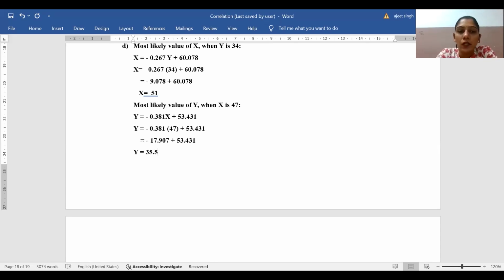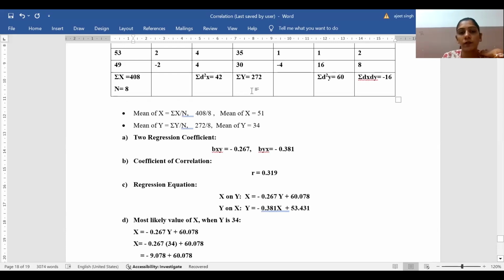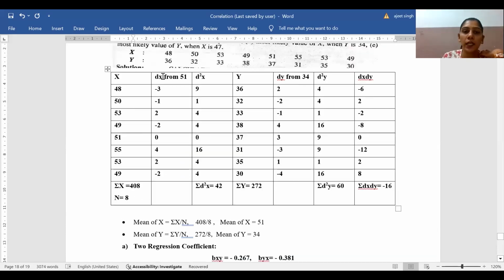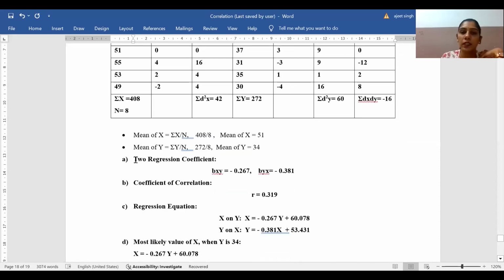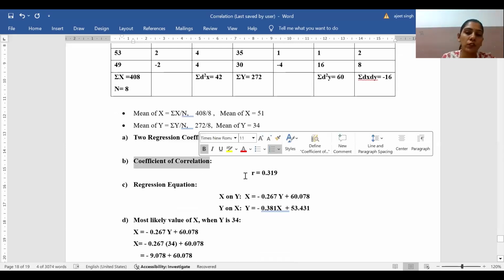Okay, so we have calculated four things in this question as asked. First of all, we have calculated the mean of both the series x and y, and with the help of that mean we have calculated dx, d square x, dy, d square y, and dx dy. The first thing asked was the two regression coefficients, which we have calculated, bxy and byx. After that, the second thing asked was the coefficient of correlation, which is r, so we have calculated the value of r.